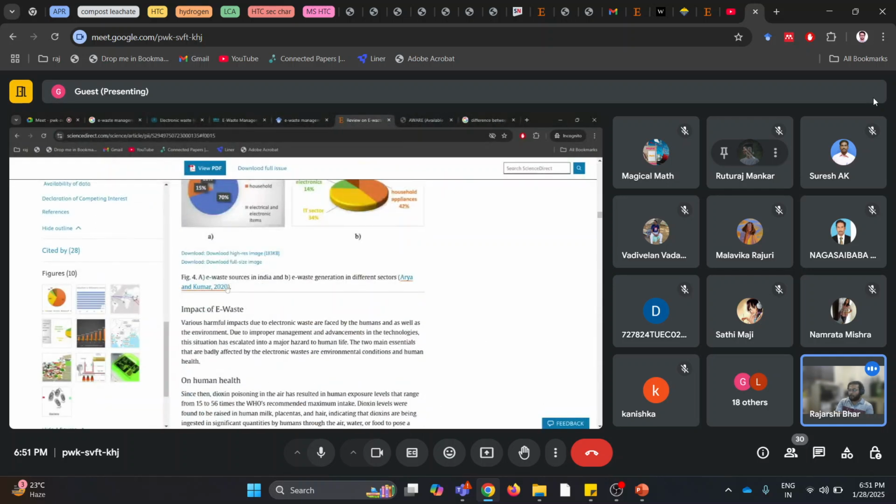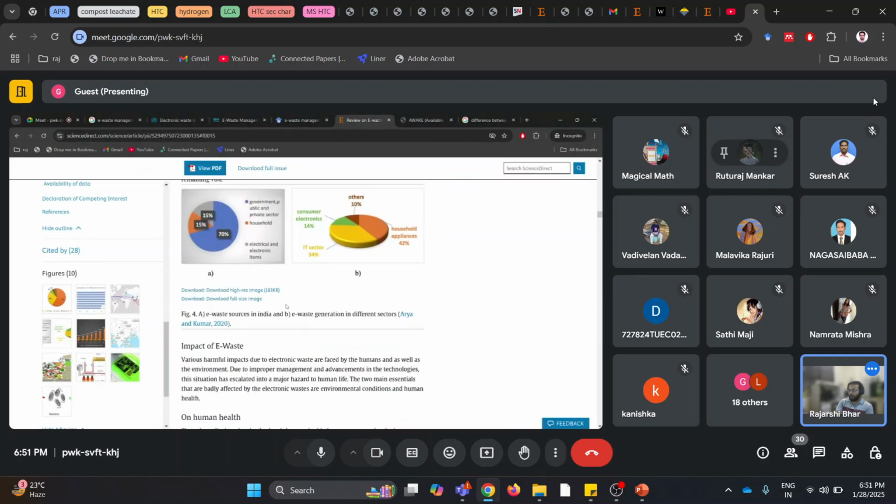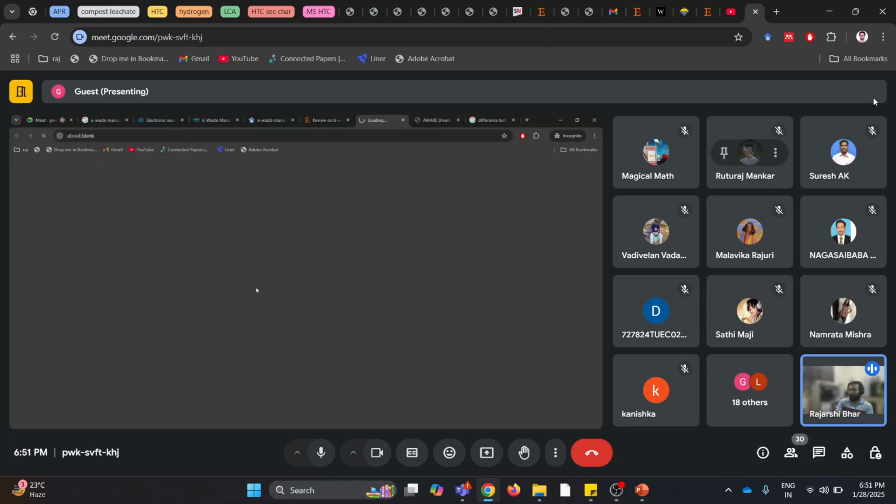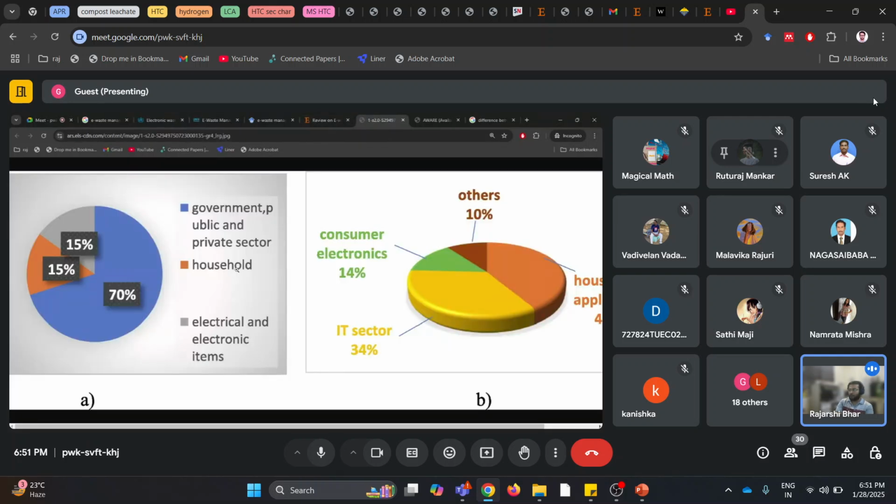The next is again e-waste generation in India and e-waste generation in different sectors. This will be interesting because it is an India-pertaining topic. Most of the e-waste is generated from the government, public and private sector. Households generate 15%, and electrical and electronic items can go to 15%.